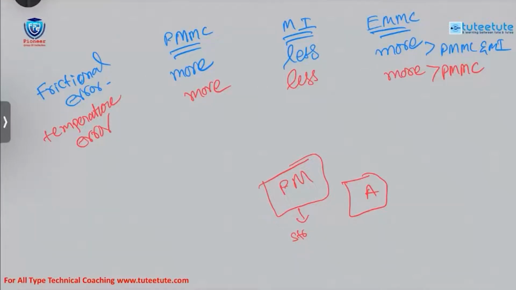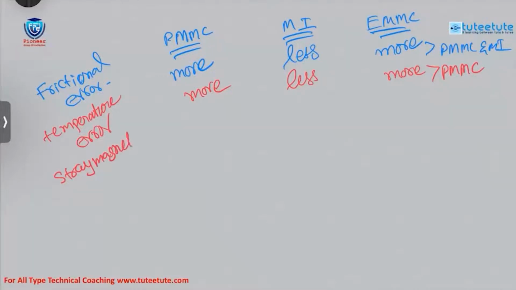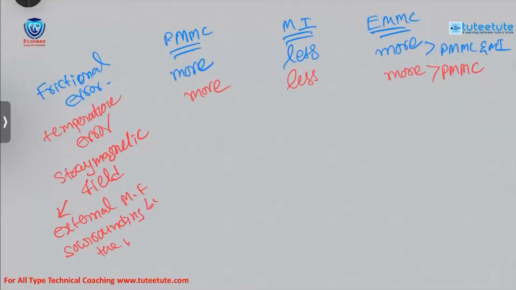Okay, sir, so what is meant by stray magnetic field? It means the external magnetic field in the surroundings of a given instrument.